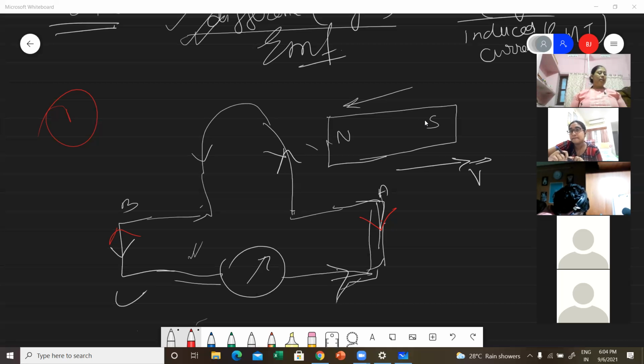So whenever there is a relative motion between the coil and the magnet, an EMF is induced in the coil.